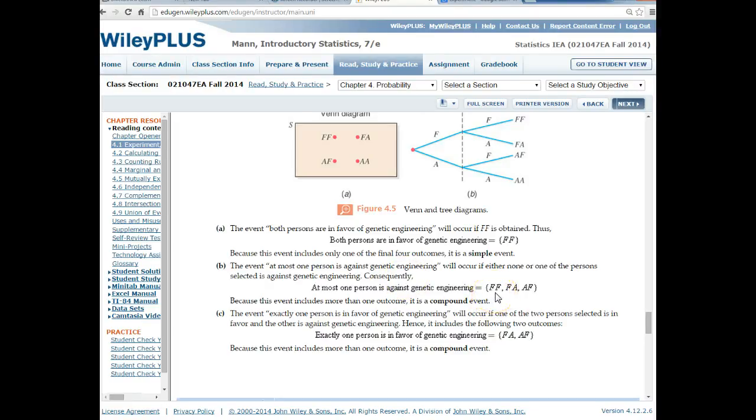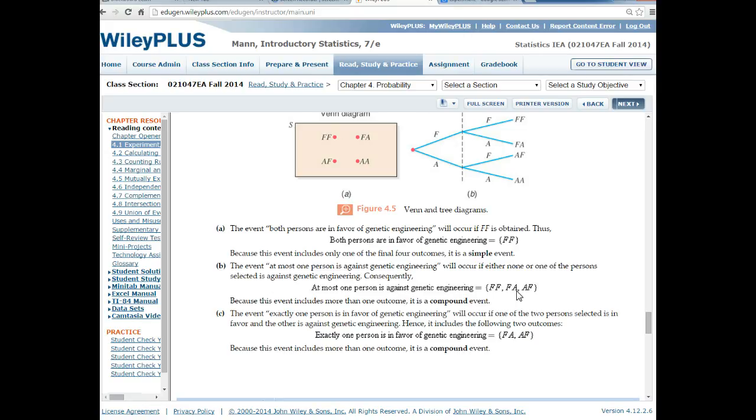FF? Is that at most one person is against? At most one. So no one is against here, so that's at most 1. One person is against here, so that's at most 1. And one person is against here, so that's at most 1. So this is the event that at most one person is against, right?